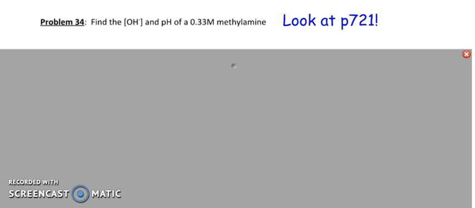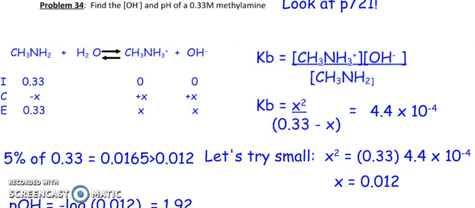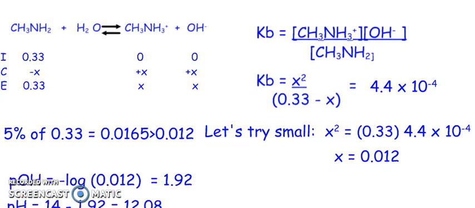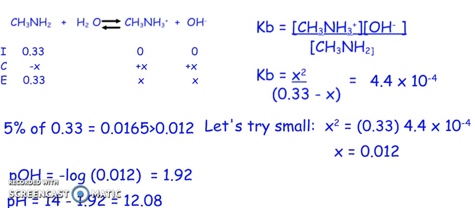What I'd like you to do is to pause this and work through the whole problem like you did before, and then come back and check your work. So how did we do? Well, let's find out. So here is my work right here, and I have the ice table set up. I looked at my KB value. That's going to be an iffy one.